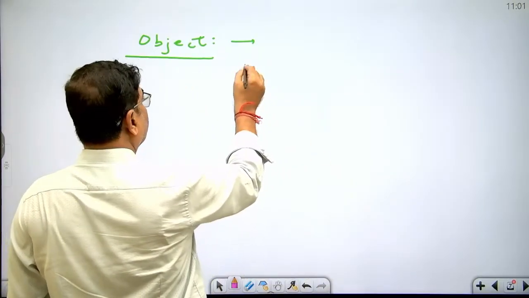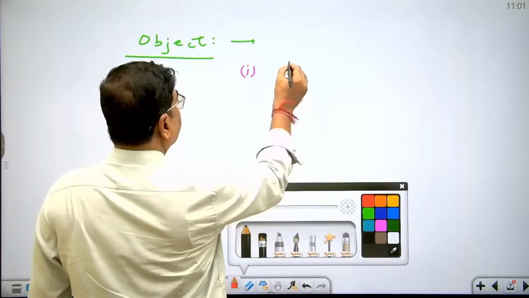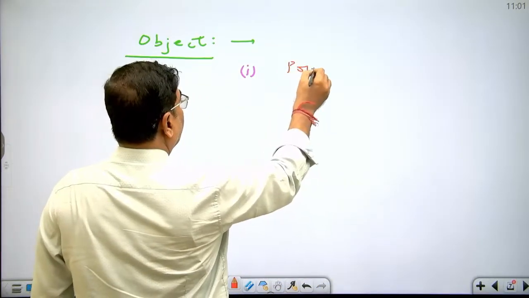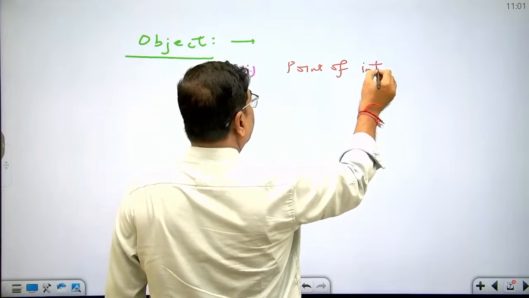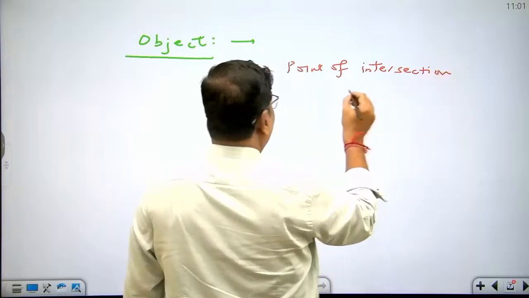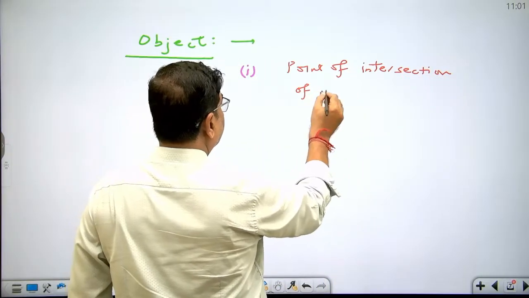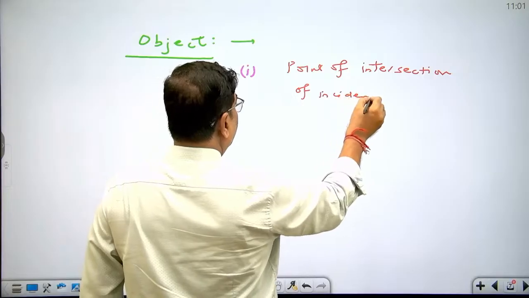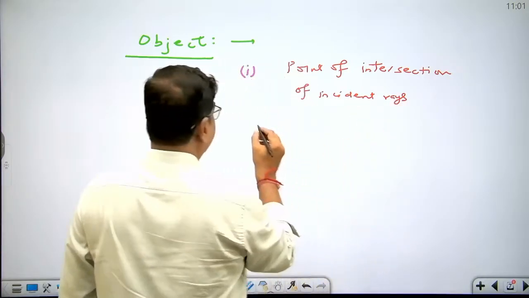Object is what? Point of intersection of incident rays is called object.